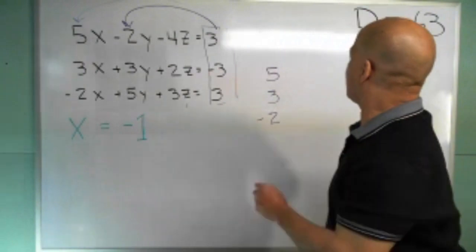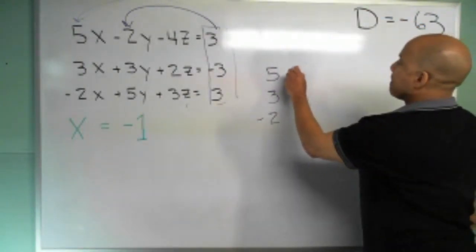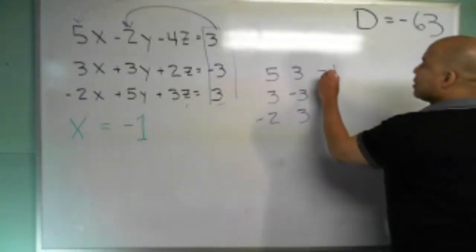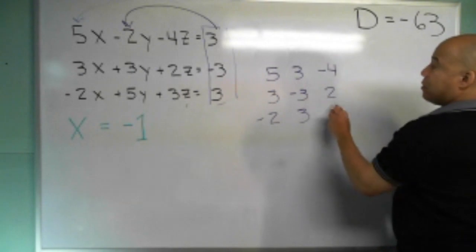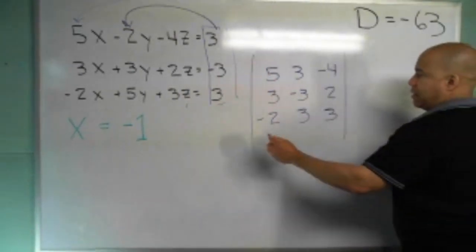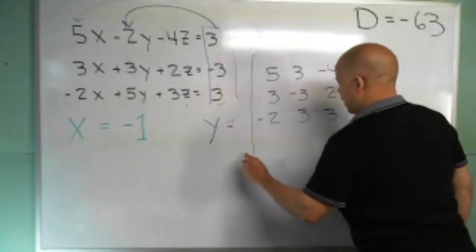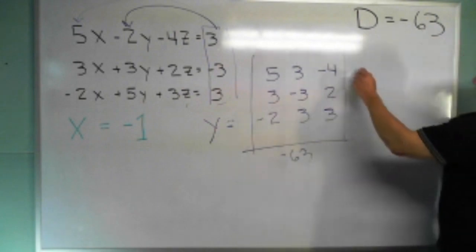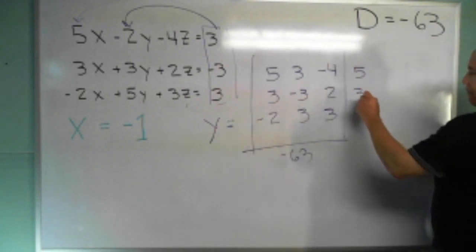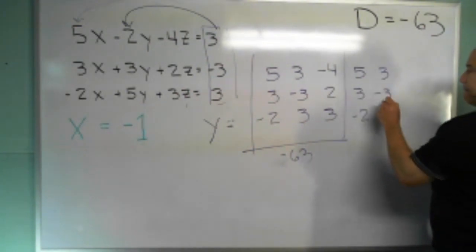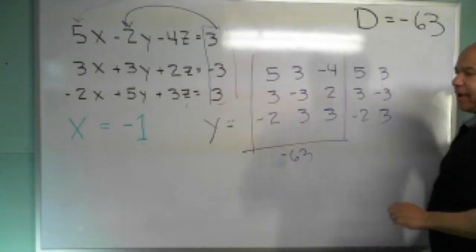I got to put this 3, minus 3 and 3, and then a minus 4, 2, and 3. And this is for y. I take that over minus 63. Expand the columns, and then do your math.